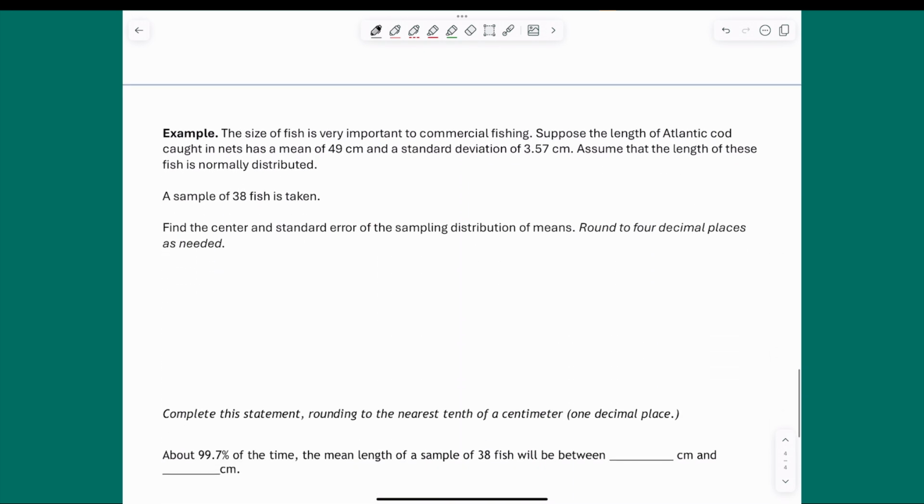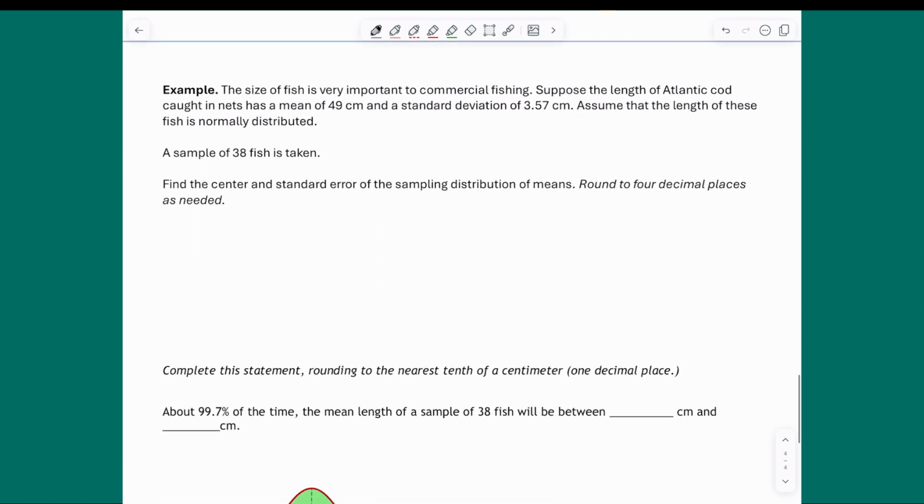All right, next example. The size of fish is very important to commercial fishing. Suppose the length of Atlantic cod caught in nets has a mean of 49 centimeters and a standard deviation of 3.5 centimeters. Assume that the length of these fish is normally distributed.